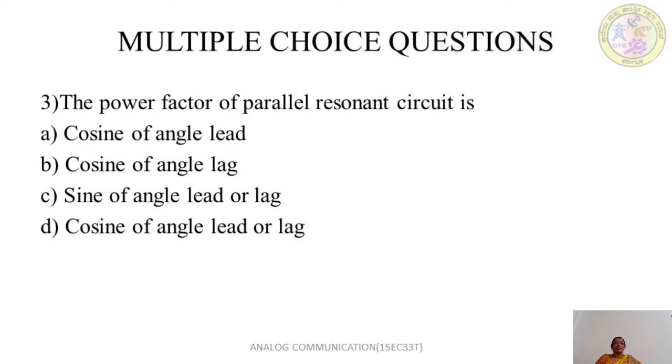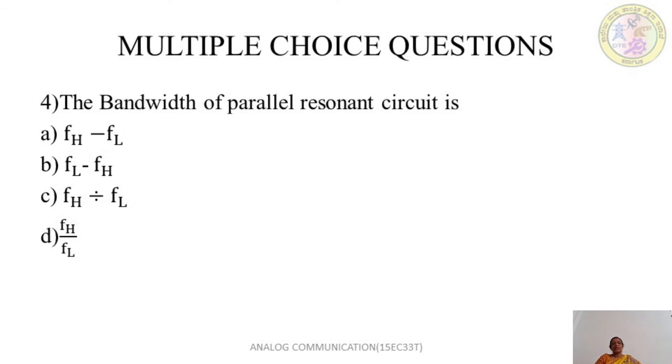The answer is D. The bandwidth of parallel resonant circuit is Fh minus Fl, Fl minus Fh, Fh divided by Fl. The answer is A, that is Fh minus Fl.